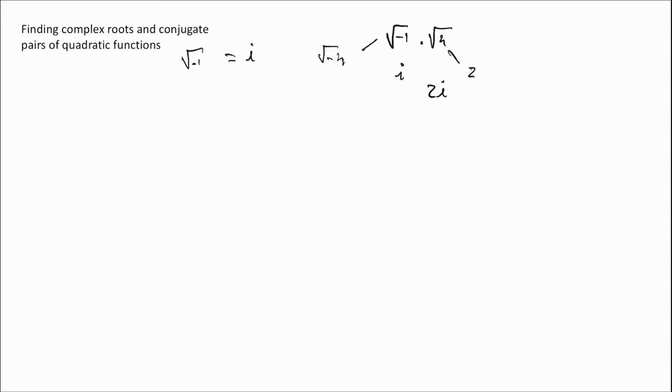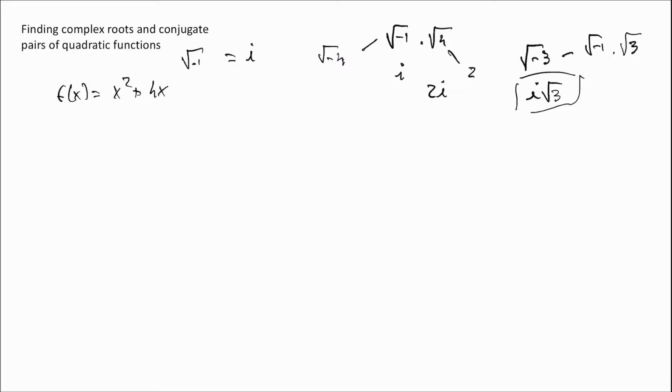Let's say I have root of -3. I can transform this into root of -1 times root of 3. So my final answer will be i root of 3, because 3 I can't simplify any further. So let's say I have an equation here, a function here, f of x equals x squared plus 4x plus 13.